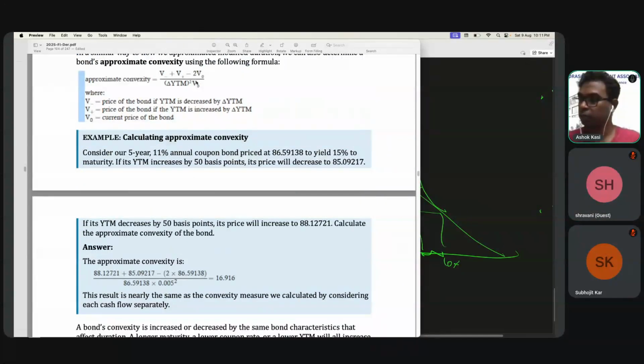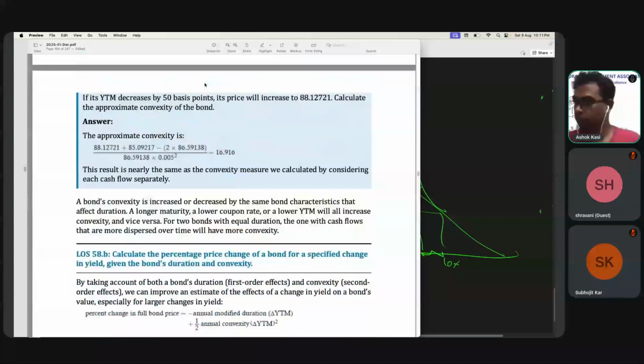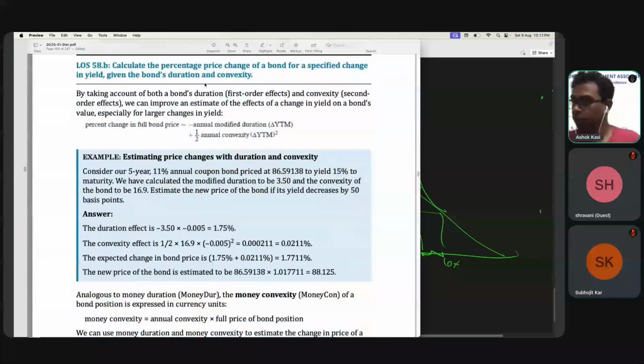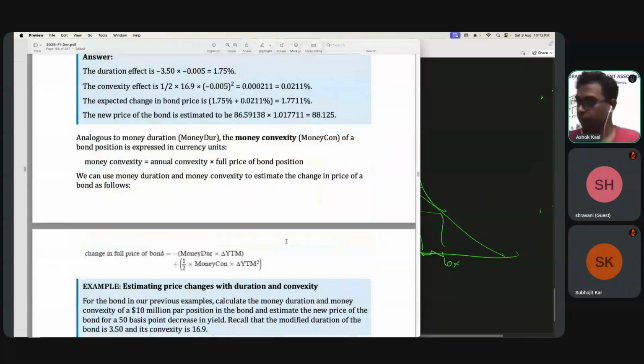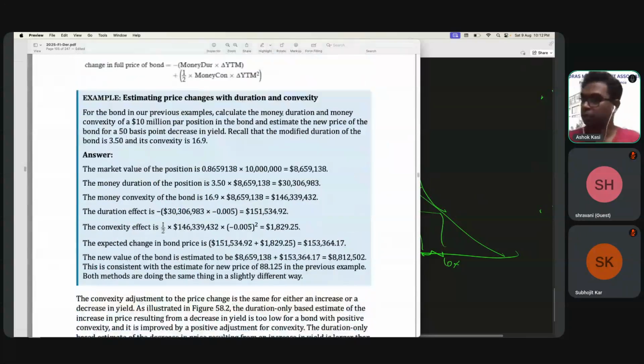V minus plus V plus minus 2V0 divided by V0 into delta YTM square. Then this is the full change. This also we did, right? All these are done, right? Total convexity and durations.